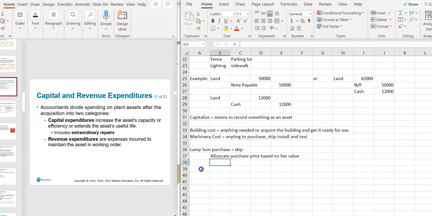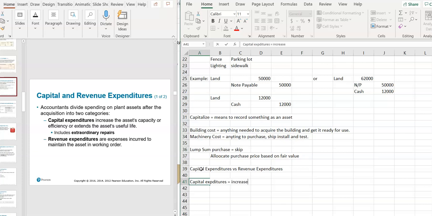Okay, so now we have capital expenditures versus revenue expenditures. Okay, a capital expenditure will last a period of time. All right, it's an asset purchase.